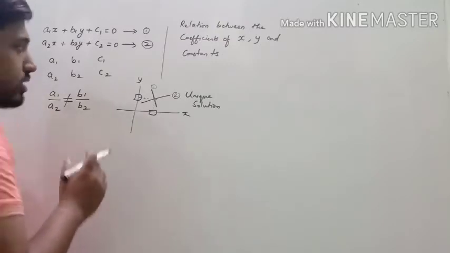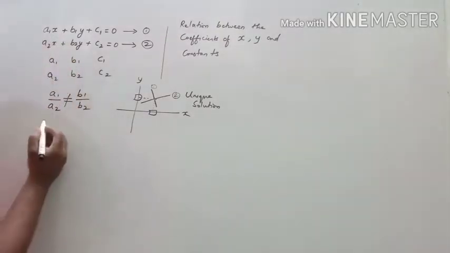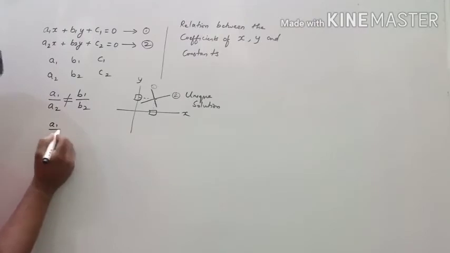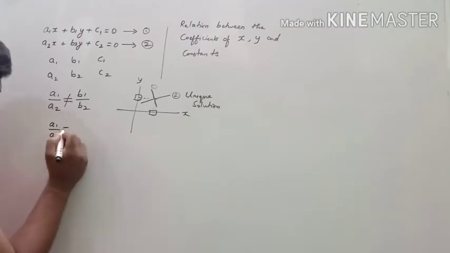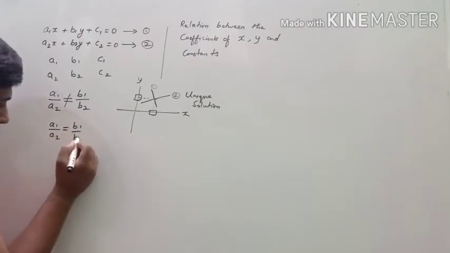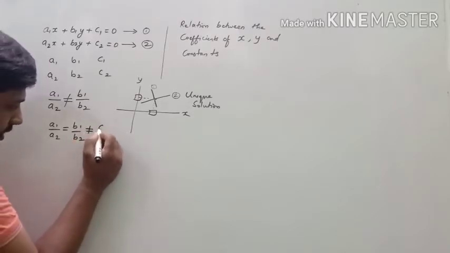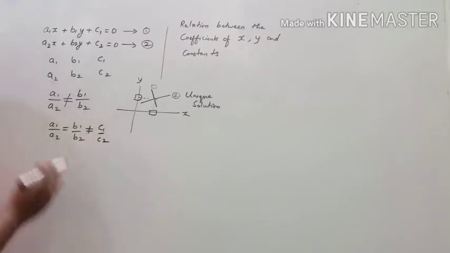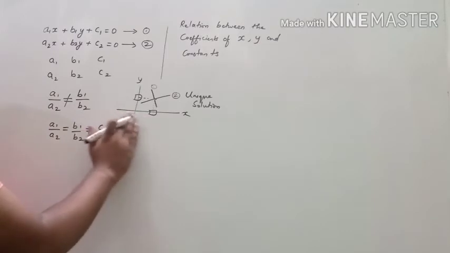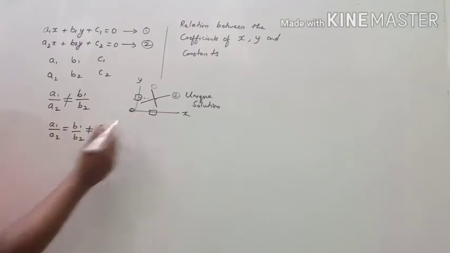Let us see another relation between these constants. If a1 by a2 is equal to b1 by b2, which is not equal to c1 by c2. The first relation was this and the second relation is this one.